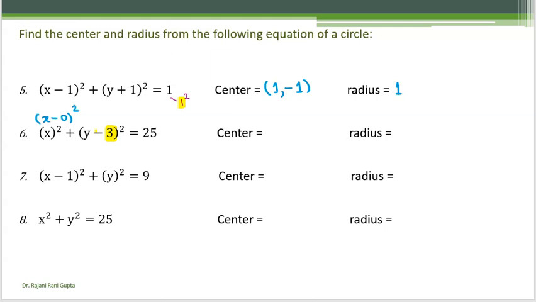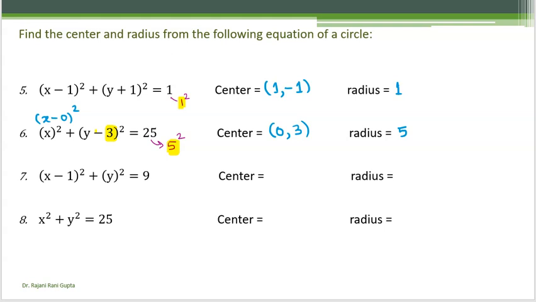So the value of k is 3. 25 you can write as 5^2, or you can say the square root of 25 is your radius. So the radius is 5. The center, be careful in this. For x, there is no number, which means the value of h is 0. And for k, it is 3.